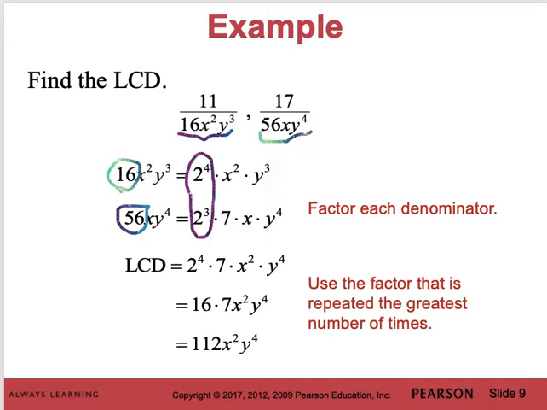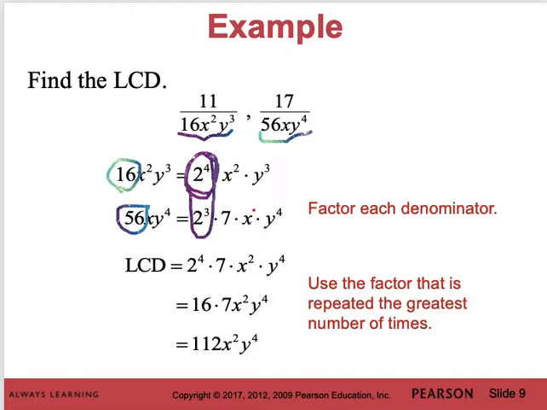But which one is the bigger power? I can't make a bigger number fit into a smaller number. I can make a smaller number fit into a bigger number. Right? I can't make 4 fit into 2, but I can make 2 fit into 4 by multiplying by 2. So I have to choose the value that is larger. So of these two, I would choose for the least common denominator that 2 to the 4th power.